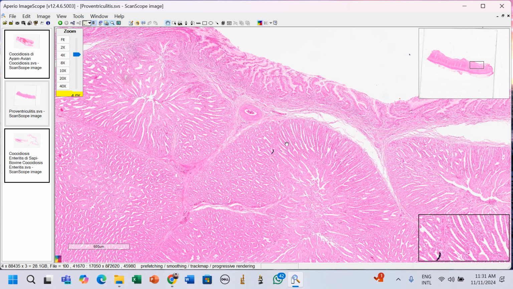So proventriculitis may affect protein digestion, leading to low absorption of proteins from the gastrointestinal tract, leading to malnutrition that eventually causes runting stunting syndrome.